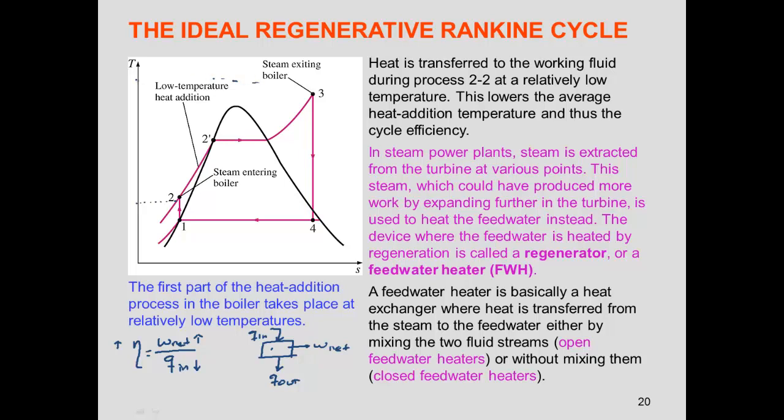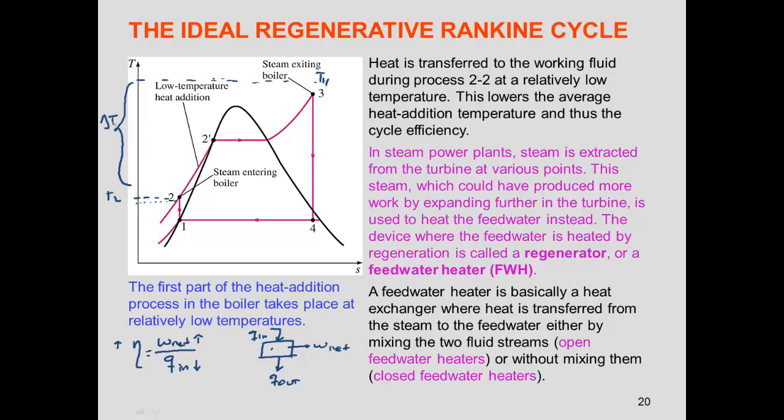So let's assume that this is T_H, and in this case this will be T_L. So this big delta T produces a lot of entropy, which we're gonna discuss on chapter 8, that produces a lot of exergy destruction. So we would like to minimize that.